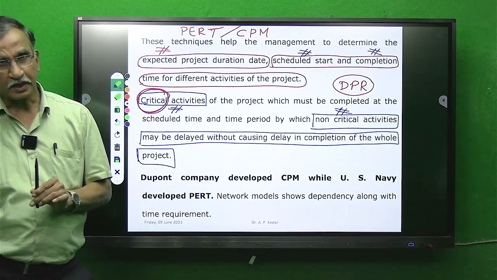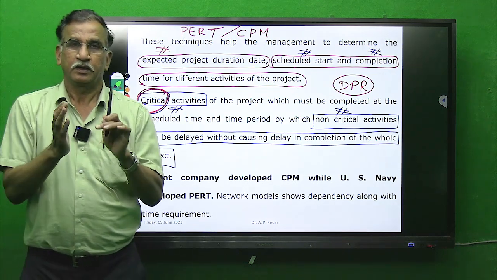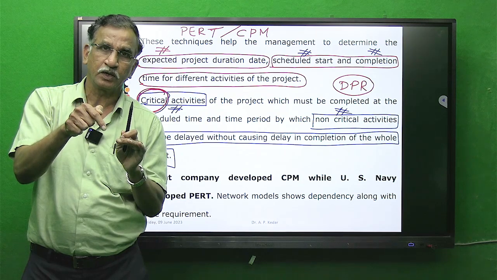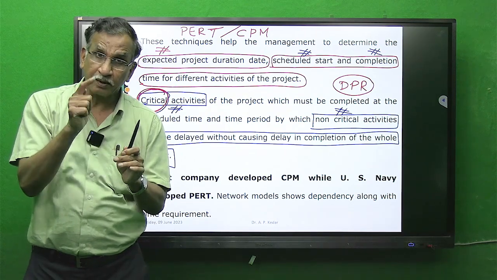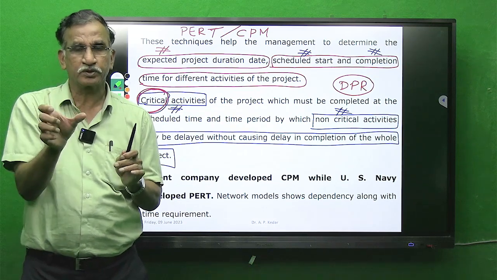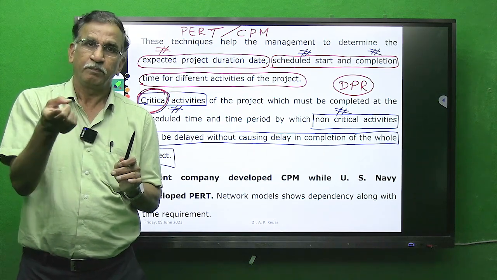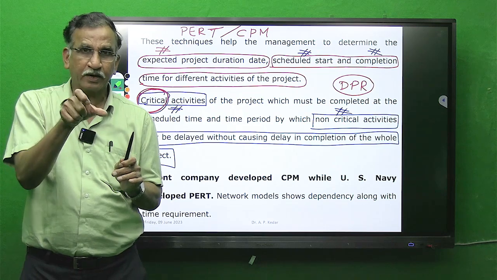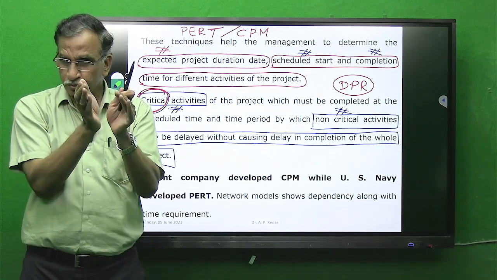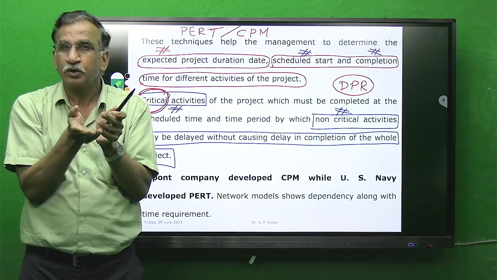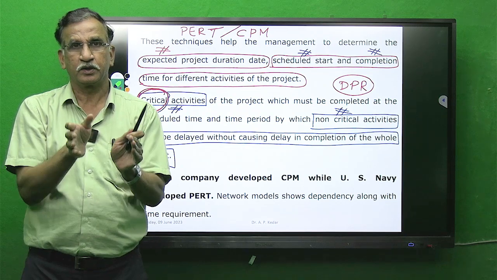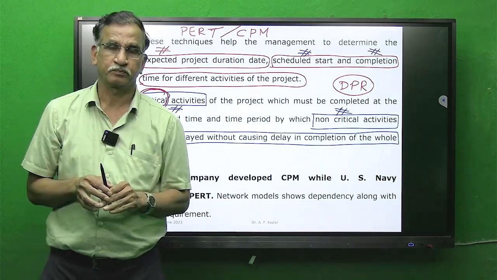But there are chances that non-critical activities of the project, depending on the situation, may be delayed by some time duration, and the decision maker can take advantage of shifting the resources of those non-critical activities to other activities where things are to be optimized.